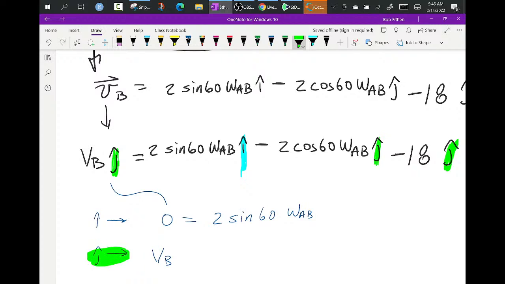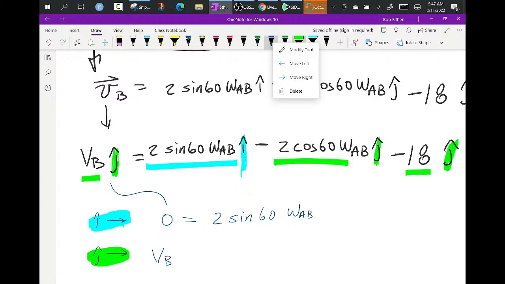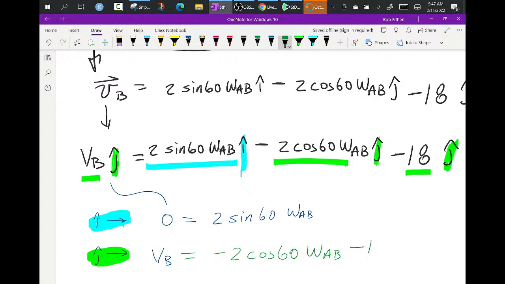This getting all the greens. In other words, this is the component of the I. These are the components of the J. And then I go in. I don't know what happened there. It changed color. Maybe I did that. Minus 2 cosine of 60 omega AB minus 18. Did I copy that down? I copied this one, then I copied that one, then I copied this one. I think I did it right.